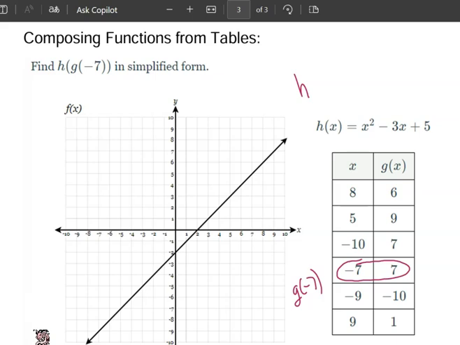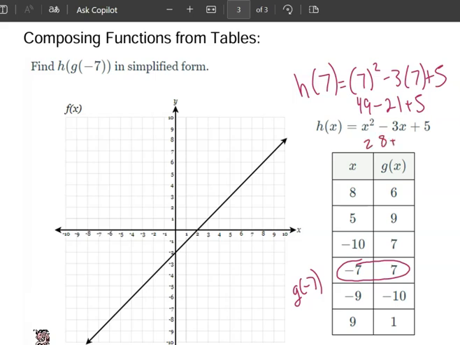So then we're going to find h of 7, and we'll use the equation for this one.